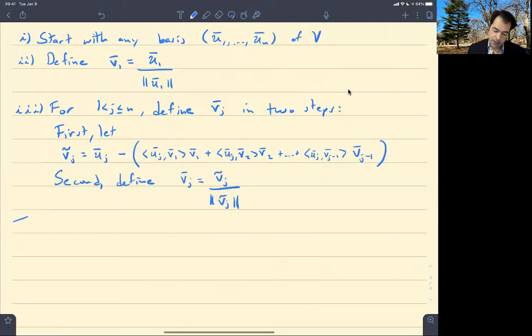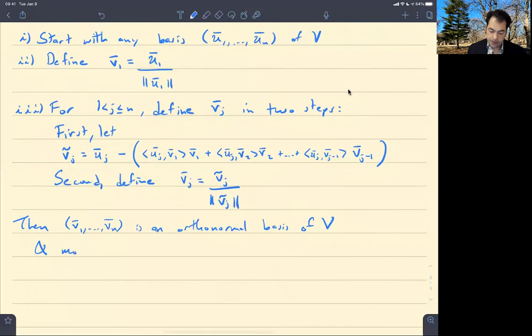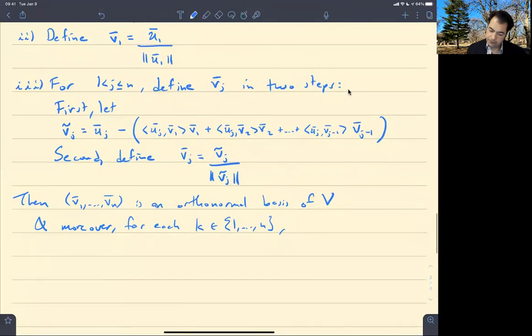Okay, so then v1 through vn is an orthonormal basis of V, and moreover, for each k between 1 and n, the span of v1 through vk is the same as the span of u1 through uk.